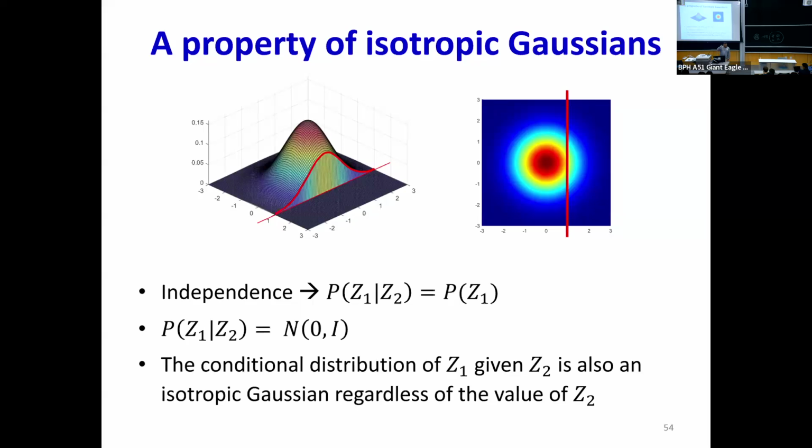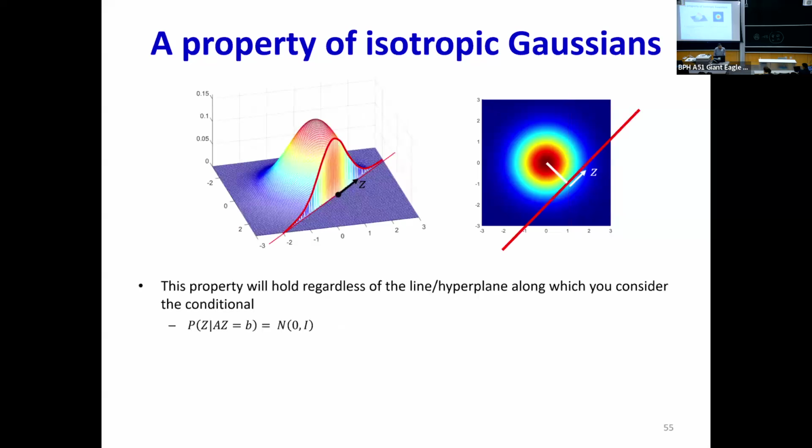And when you slice it, that distribution is still going to look like a standard Gaussian. So for any Z2, P of Z1 given Z2 is a standard Gaussian, because in a standard Gaussian, all of the variables are independent of one another, right? The interesting thing is it doesn't matter at which angle I slice this isotropic Gaussian. If I slice it along any plane, the distribution on that plane is still going to be a standard Gaussian. That's the property of an isotropic Gaussian.